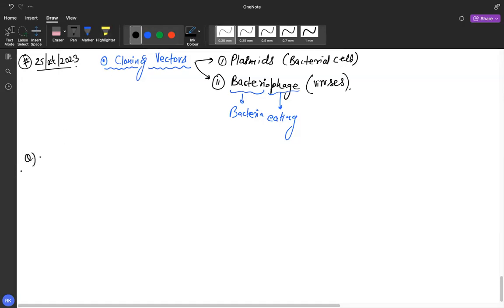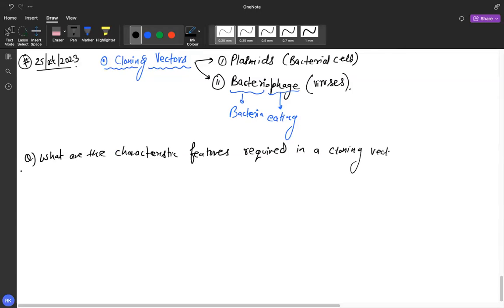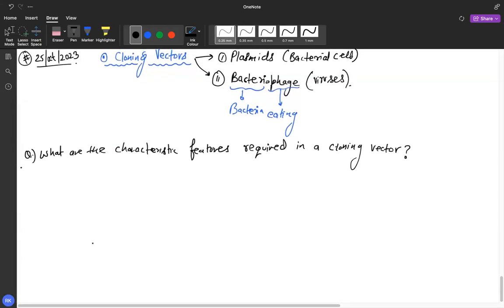First, write down what are the characteristic features required in a cloning vector. These are the most important features. If at any given time you're designing a cloning vector, you have to keep all of this in mind.